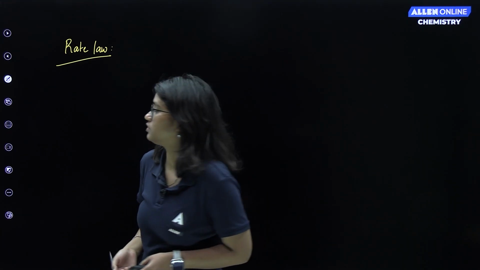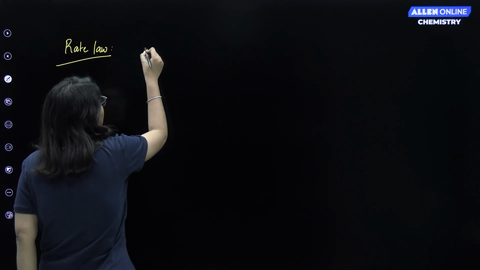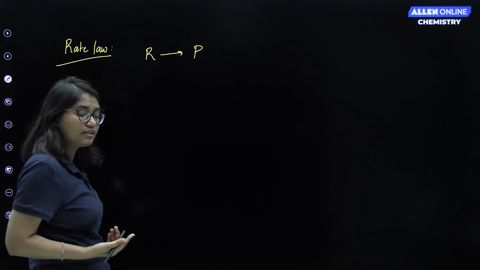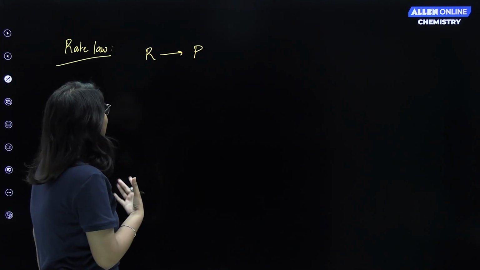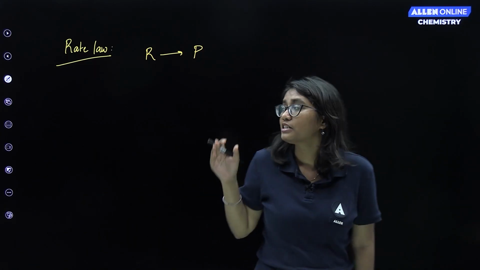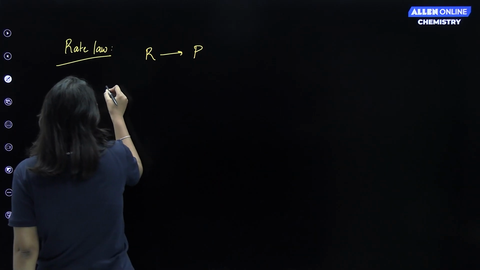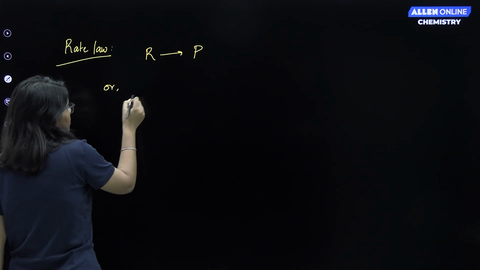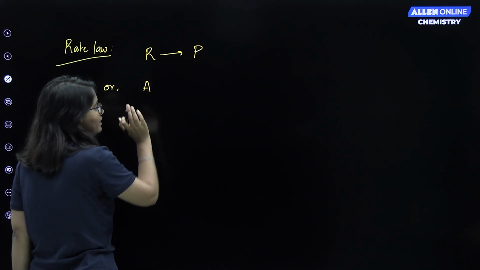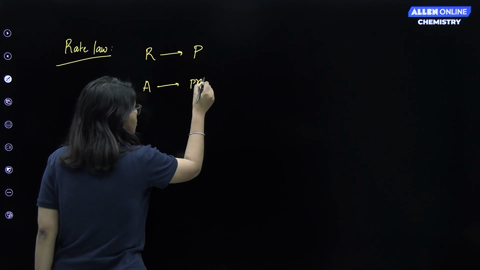So for a simple reaction, a reactant is converted into product. Suppose the reactant is A, converted into product.